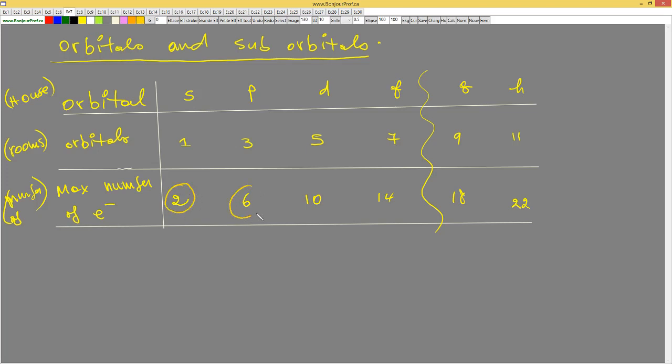P can hold 6. D can hold 10. F can hold 14. These other ones we have to ignore because they are not in the program. So you have to know for each subshell how many orbitals, and how many electrons it can hold. The number of orbitals times 2 will give you how many electrons it can hold.